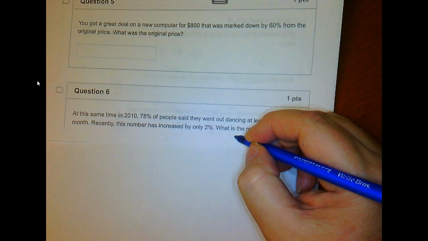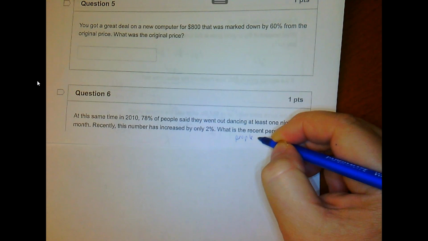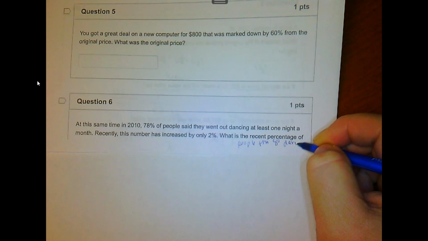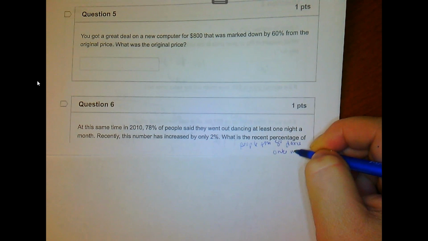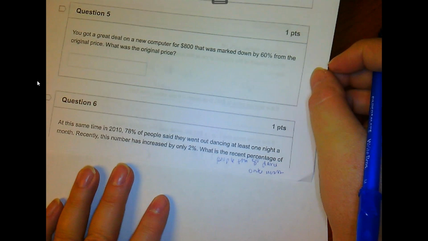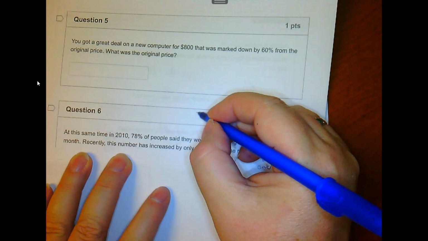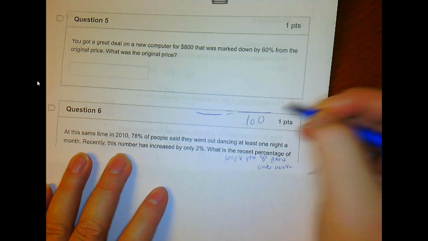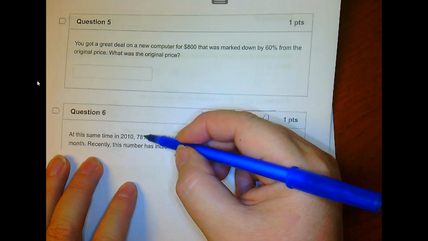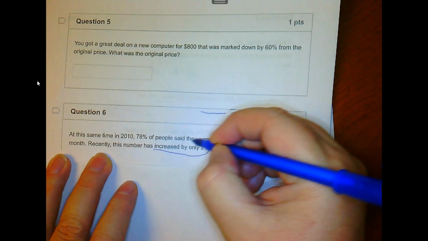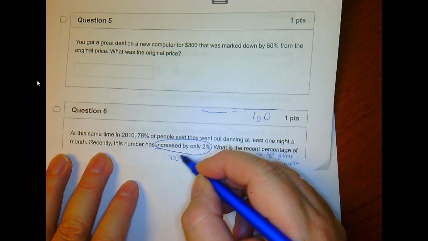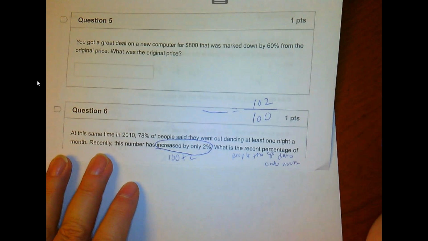That just says of people that go out dancing once a month. Okay. What is the increase? It's not 78%. It's right here, right? So it's 100 plus 2, 102.